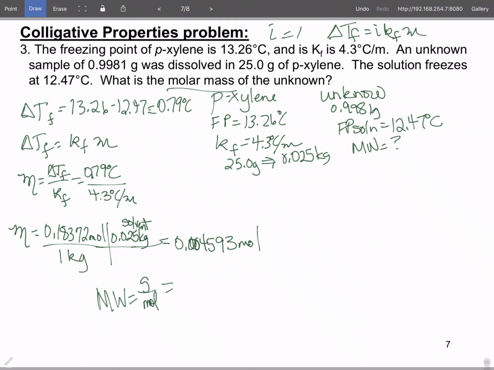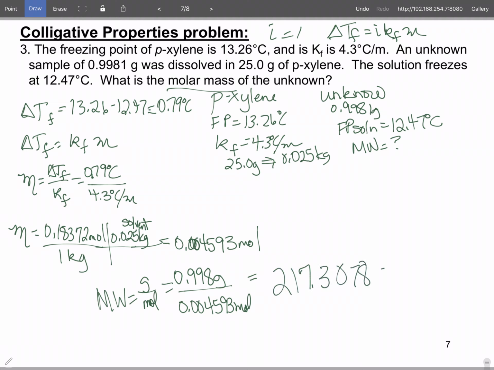Molecular weight is grams per mole. So it's going to be 0.998 grams divided by 0.004593 moles. It gives us a molecular weight of 217.3078 grams per mole. So with these values, this is really easy to do.